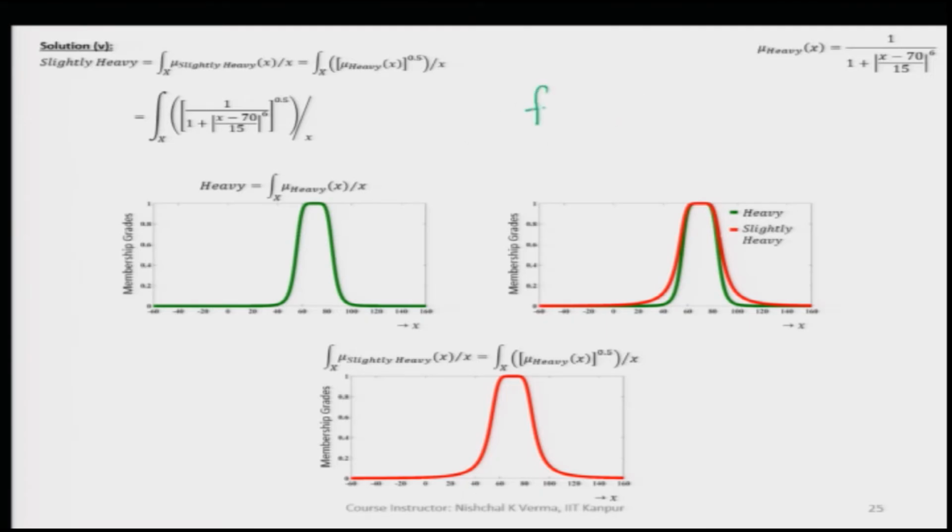So, for slightly, k is going to be equal to 0.5. For slightly heavy, we need to dilate the primary fuzzy set, that is the fuzzy set for heavy.